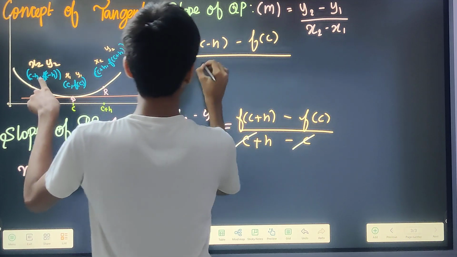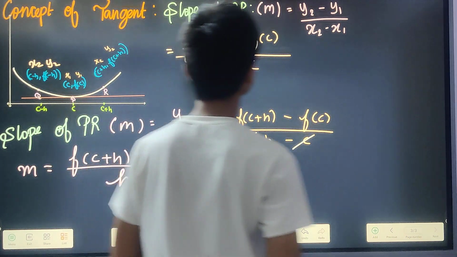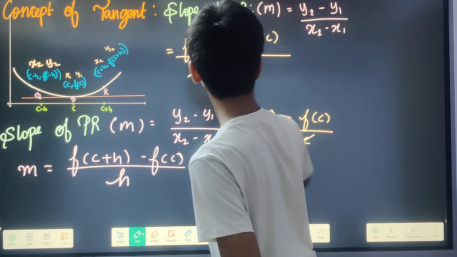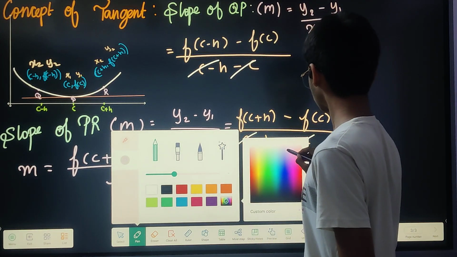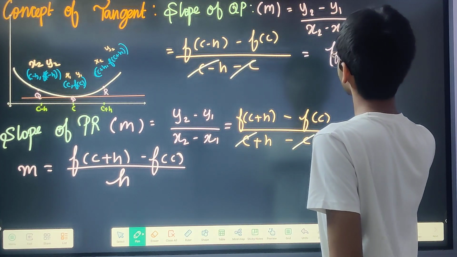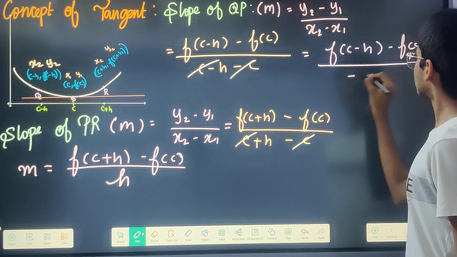What is x2? x2 is c minus h, and x1 is going to be c. Now when I'm cancelling it, at last I'm going to get the mighty equation, which is f of c minus h minus f of c, whole divided by minus h.